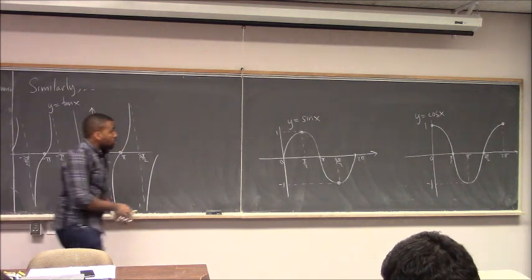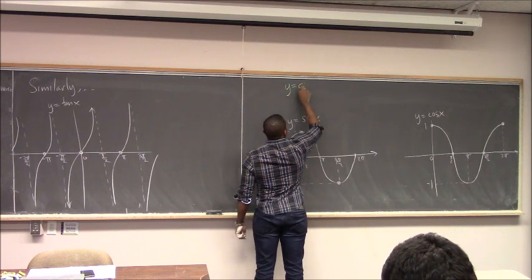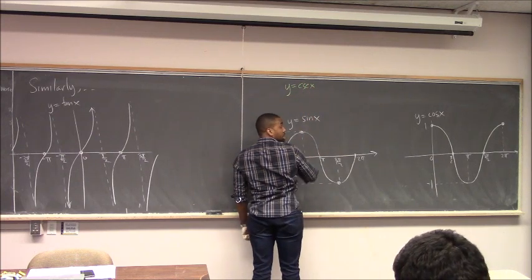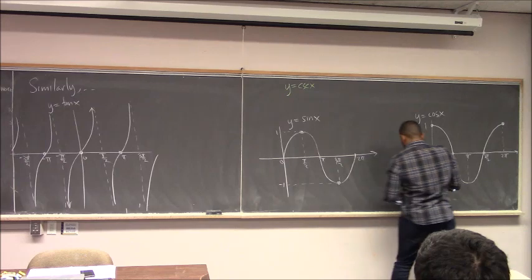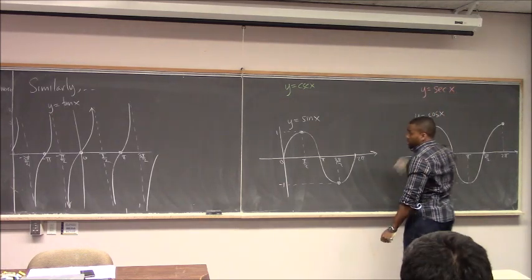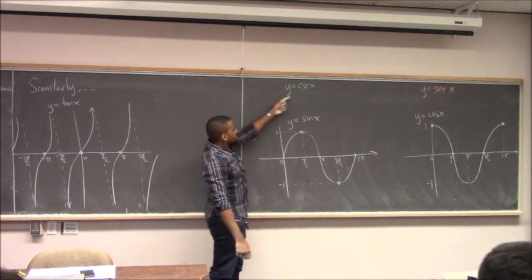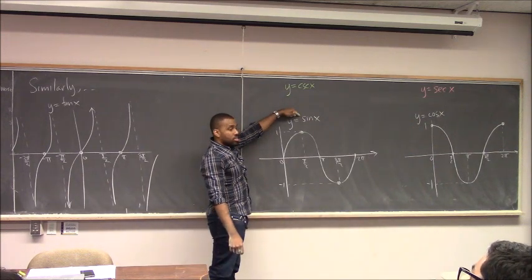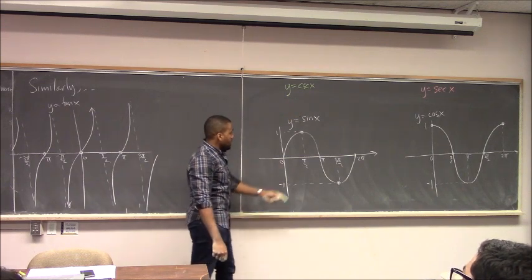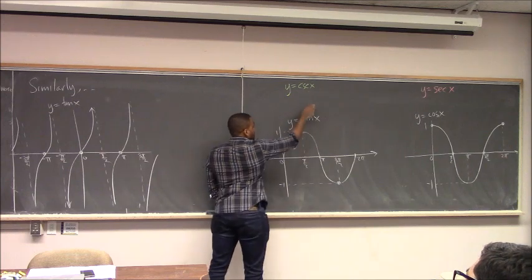So let's say I wanted to do y equals cosecant, which is 1 over the sine function, and y equals secant, which is 1 over the cosine function. Okay? Now again, this guy has to avoid division by 0 whenever the sine is 0, right? So every time the sine hits 0, this guy is going to have an asymptote.